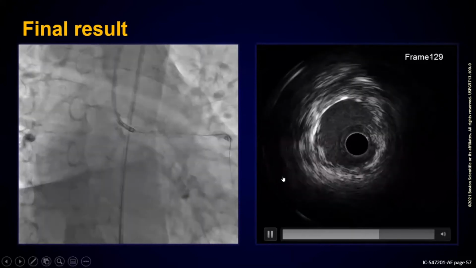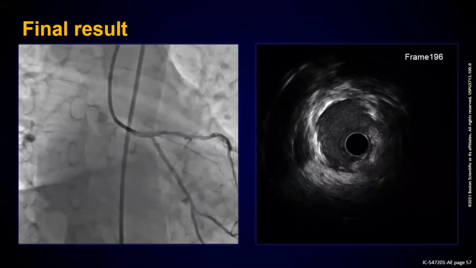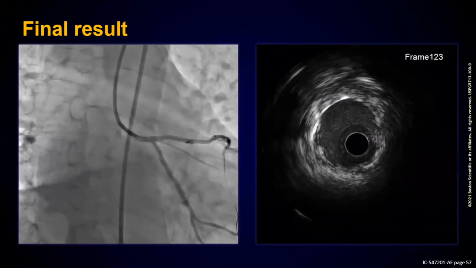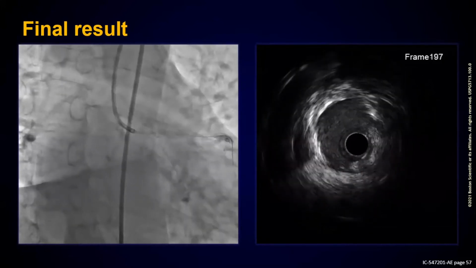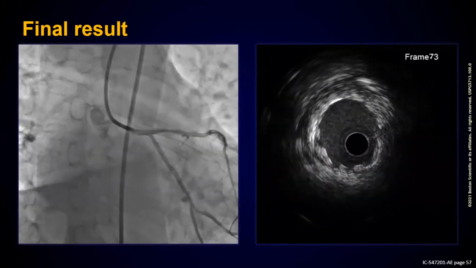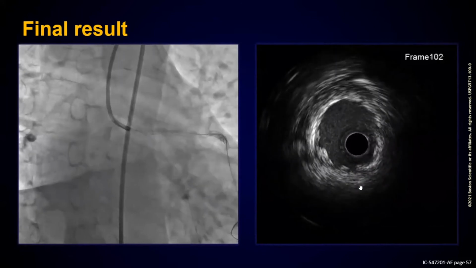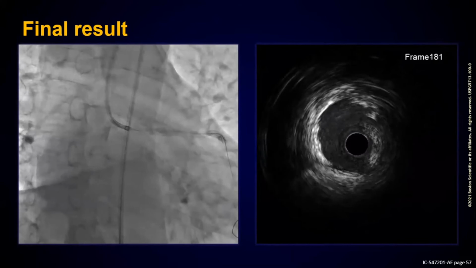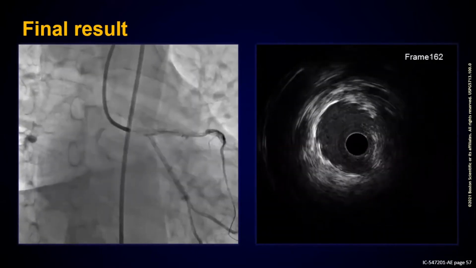Any comments on the IVUS from the panel? Yeah, so obviously, when you've done the post-PCI IVUS, there are a few important things that you have to appreciate. You want to make sure that the stent is well apposed to the left main stem, and there aren't any issues at the bifurcation.